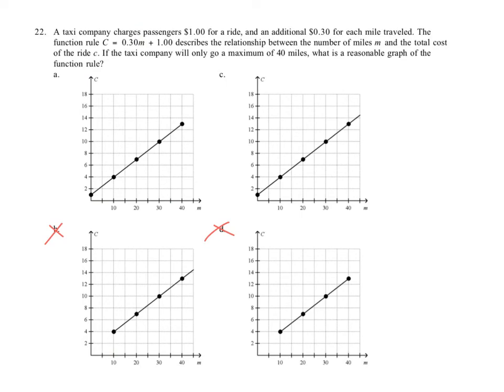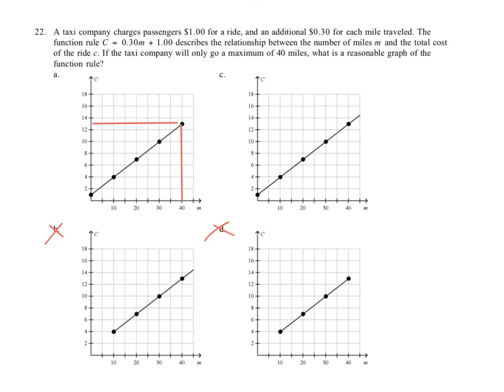And yeah, it didn't ask that, but I just wanted to show that to you because in a sense it did ask you to understand that, because watch what happens here. Okay, if I draw a perfectly vertical line here at the highest input value, you can see that the highest input value is 40, and then here the highest output value, the highest cost, would be 13.